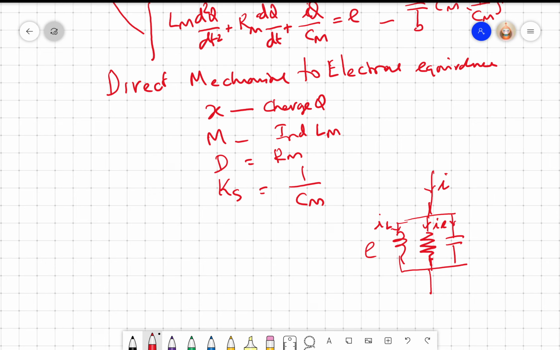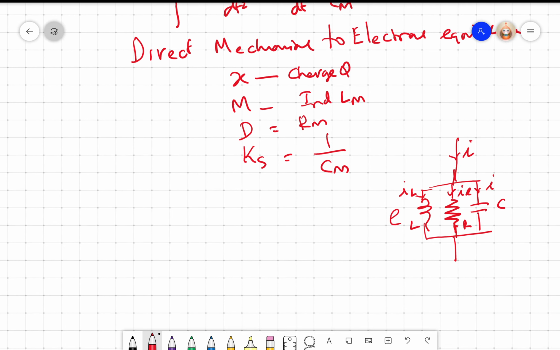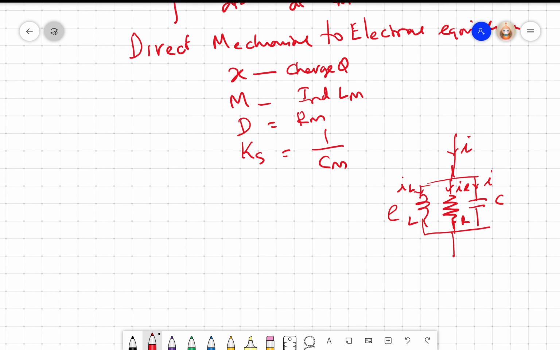And this is IC. So this is C, R, L. Now, what is the equation? So I have I equal to IC plus IR plus IL, right? The current entering the circuit.